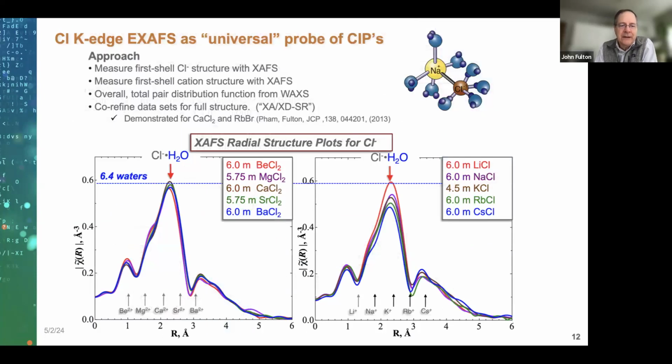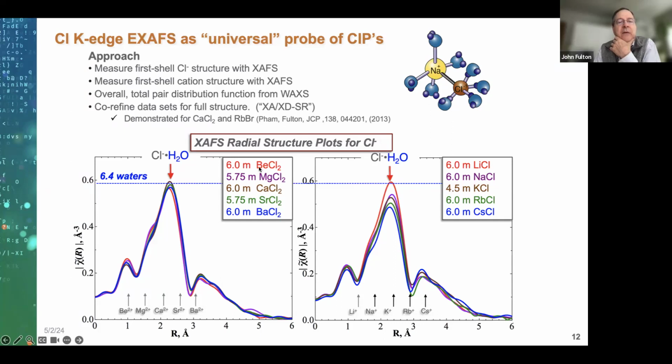These are the radial structure plots from XAFS at the chlorine edge, and this main peak at about 2 angstroms is due to the 6.4 waters that are hydrating the chloride. These are saturated solutions of salts; this is the alkaline earth cations at the saturation point.